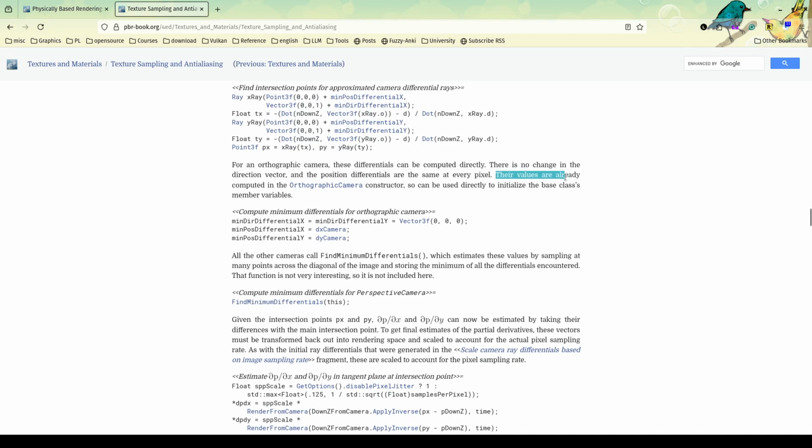Their values are already computed in the orthographic camera constructor and can be used directly to initialize the base class member variables. Yeah, direction doesn't change, and this is just a constant.